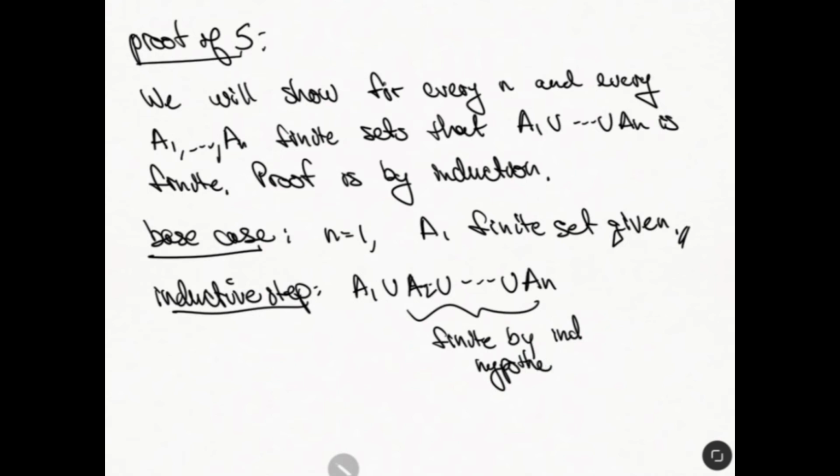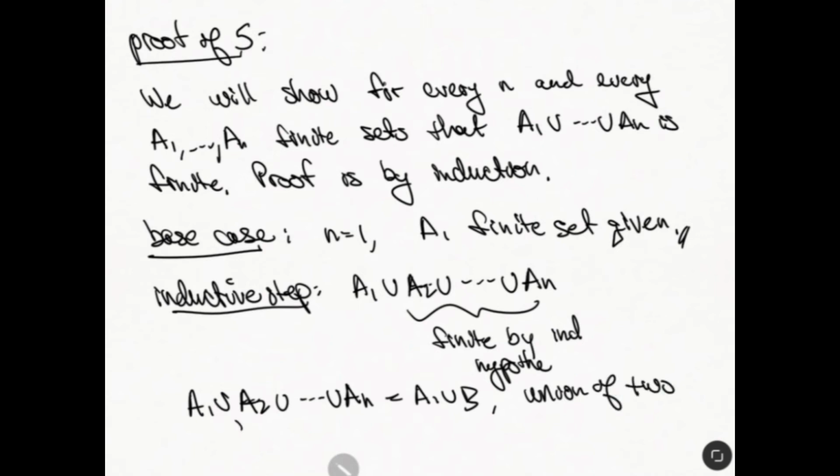So here we have A1 union A2 union up to An minus 1, and this is finite by inductive hypothesis. Then A2 union up to An is equal to A1 union B. So it's a union of two finite sets, and hence finite. All right, so now we have the union of finite sets, and this is finite. Since we proved the base case and the inductive step, we're done.